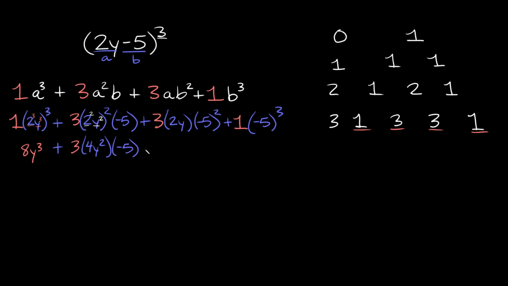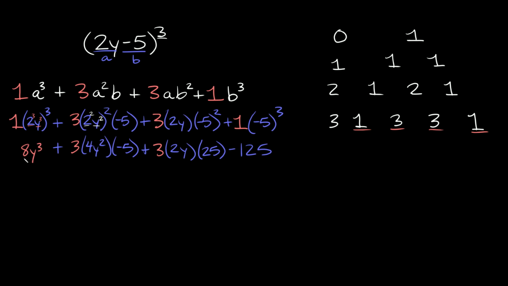And then that's going to be plus this next one, which is 3 times 2y, and negative 5 squared is just 25. So plus 25, or times 25, plus this last one over here. Negative 5 cubed is negative 125, and negative 125 times 1 is just negative 125. So here we're going to have minus 125 at the end.